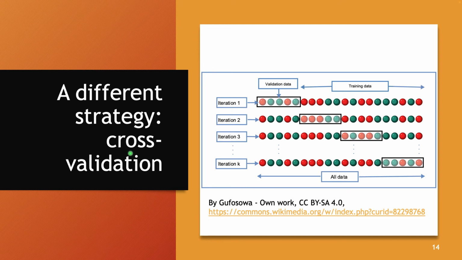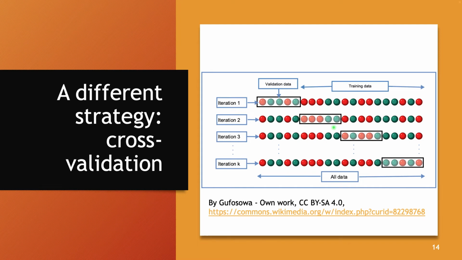So here is an example I have on this slide. And in this picture, you see the most commonly used form of the cross-validation technique. This is the KFold cross-validation. So what this means is that we will have k iterations, and in each iteration we will have a different validation set.